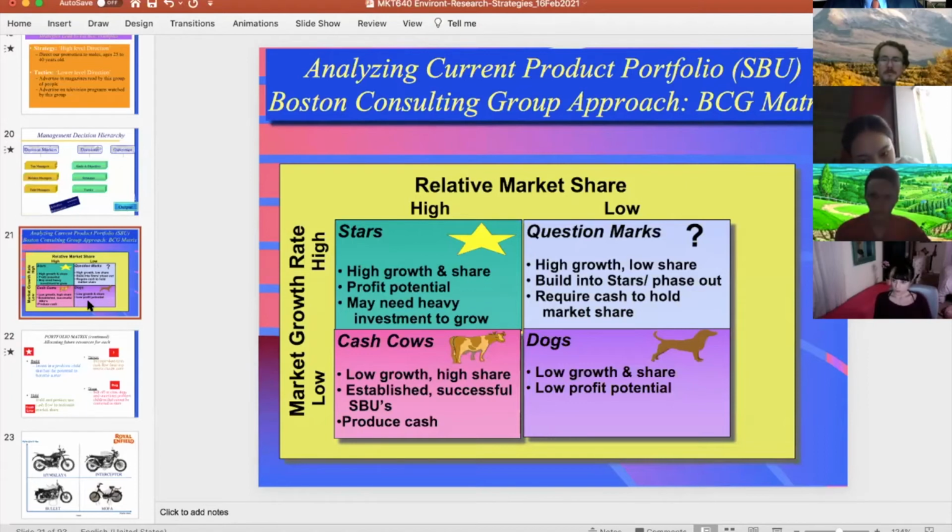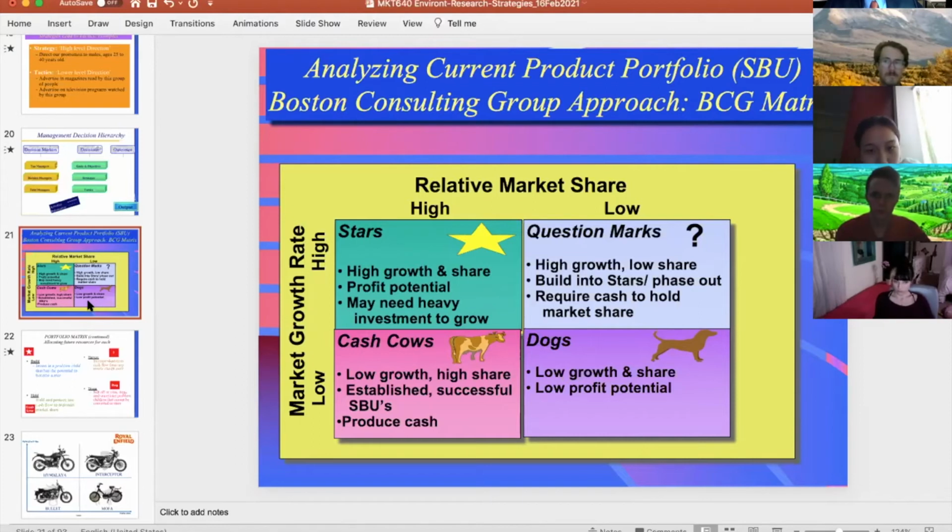High market share, low growth is a cash cow. Sorry, a low market share, high growth is a question mark. And low market share and low growth is a dog.